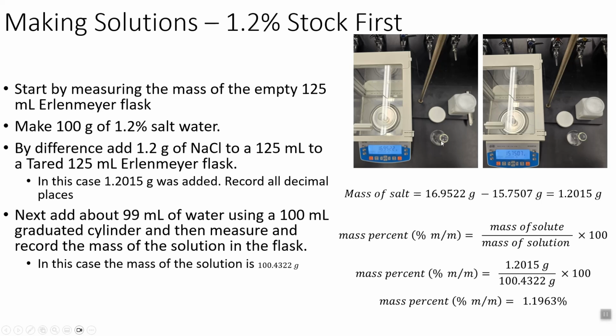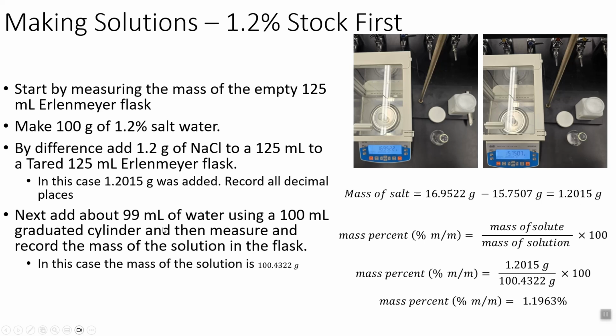We spill out about 1.2 grams. In this case, the mass went down to 15.7507. You can see now the salt is in our flask here, and less salt is in the weighing bottle, although you can't really see it that well. And that gives us 1.2015 grams of salt transferred.